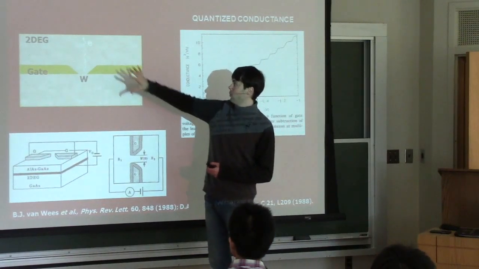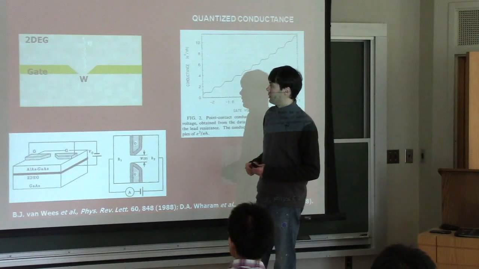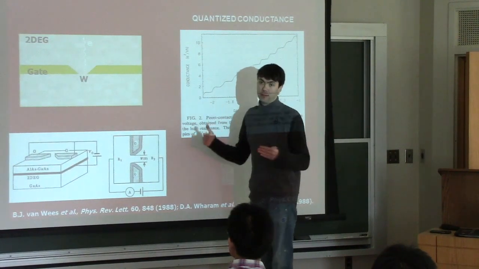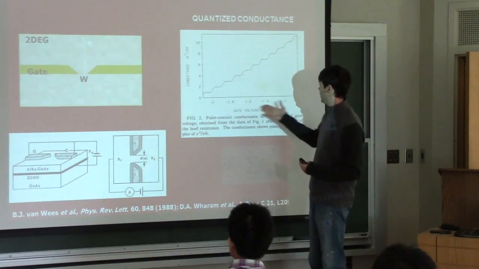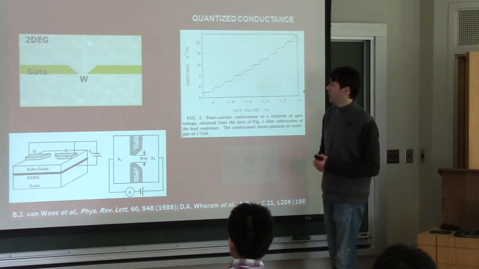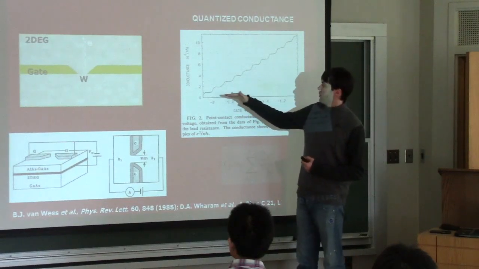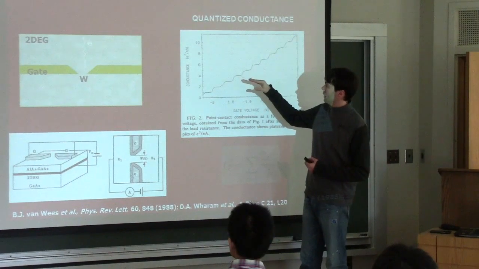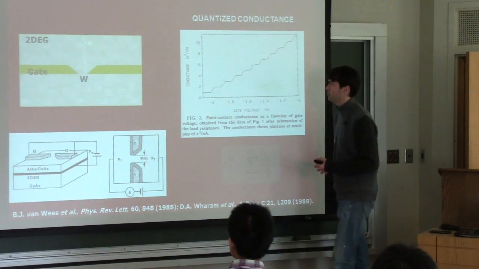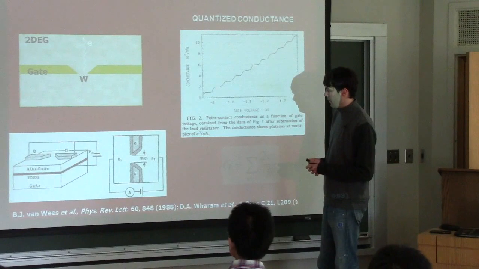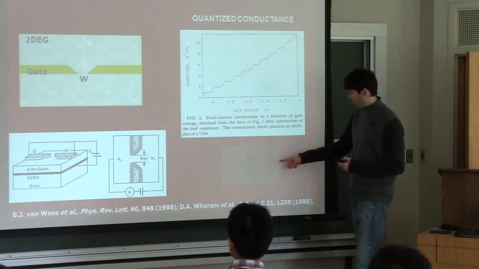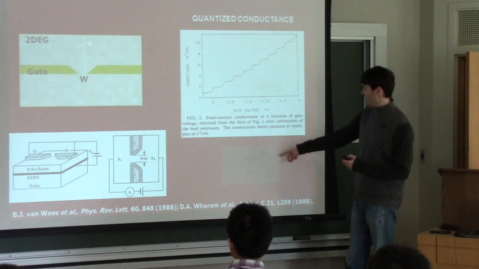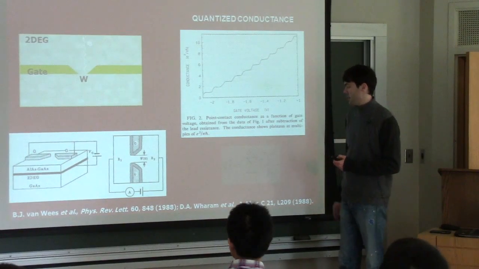Now we're looking at the top view of this structure. Depending on how many modes we are putting through, and we can change that with the gate voltages, we can observe conductance of 2e squared over h, 4e squared over h, etc. So the formula that you cannot see here is that conductance is a sum over all the channels, and 2e squared over h is the conductance quantum.